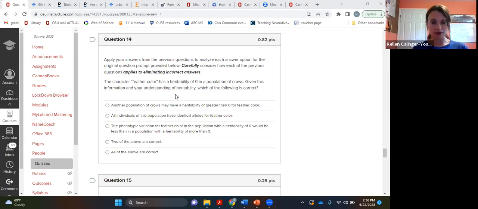So I can't falsify that one either. That makes really good sense. One way that this population could have a heritability of 0 for feather color is if everyone is genotypically identical, and therefore there's no phenotypic variation due to genotypic variation. That gives me a heritability of 0. So now for option B, I say, cool, couldn't falsify that one either.